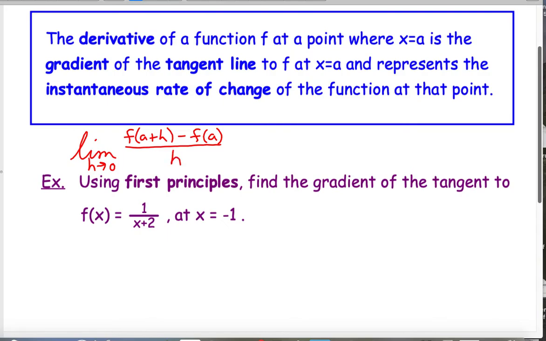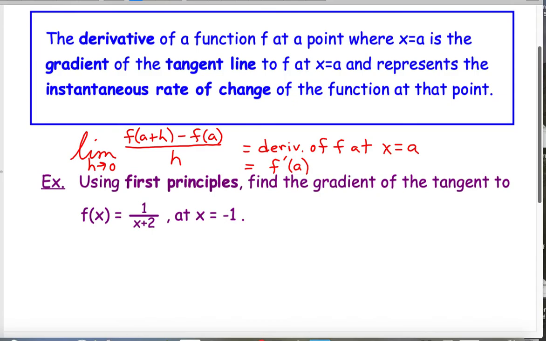And that's going to be the derivative of f at x equals a. The shorthand notation for that is f prime of a, with a little tick mark. So those are the different representations for a derivative.